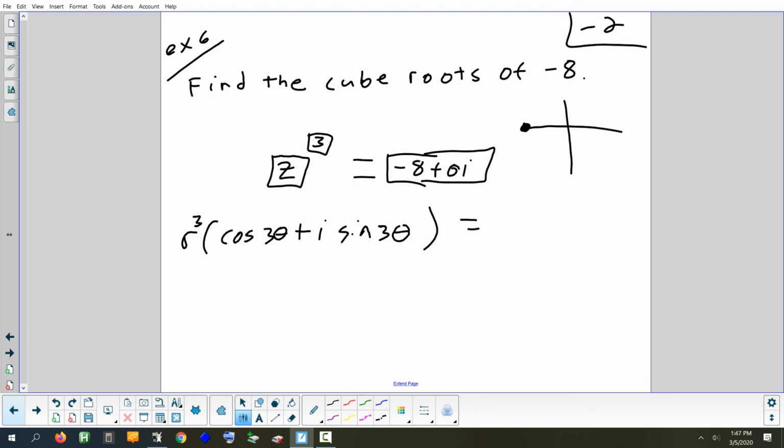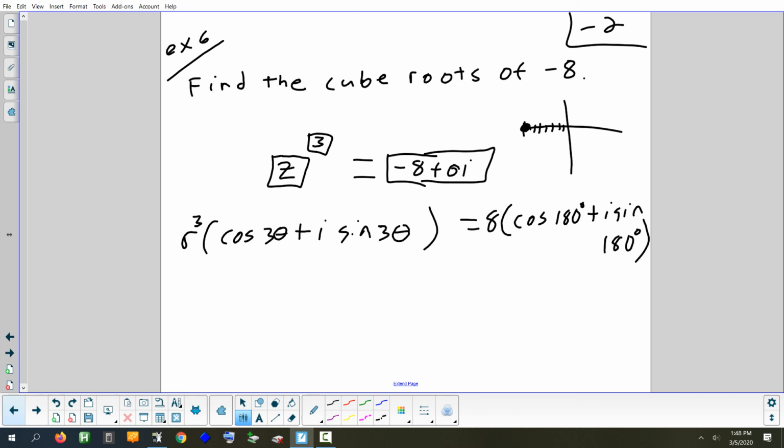Because if you measure, it's 1, 2, 3, 4, 5, 6, 7, 8; those are the absolute value. Yep. 8 cosine, and you don't have to worry about inverse trig because it's on the axis. 180, or pi. Let's do 180. Plus i sine 180.